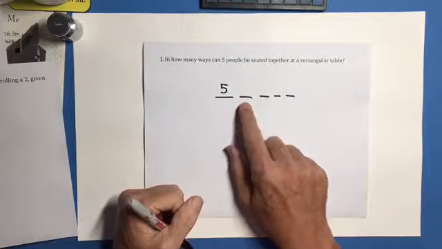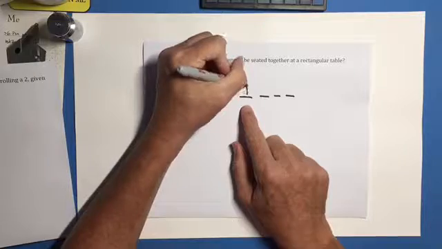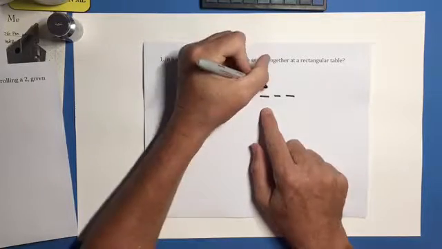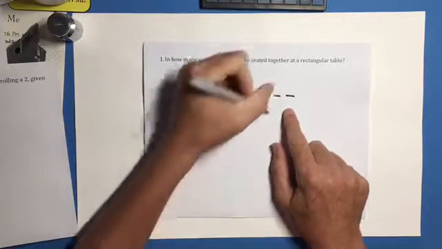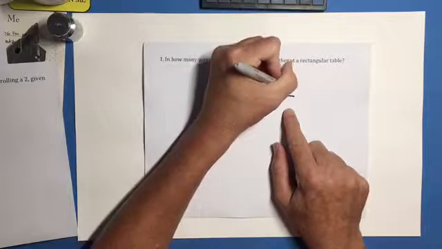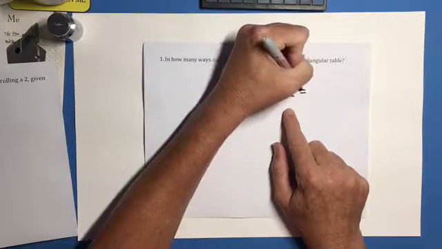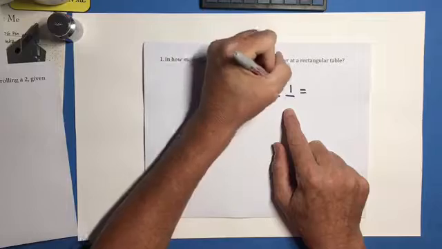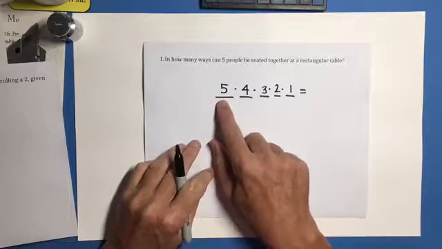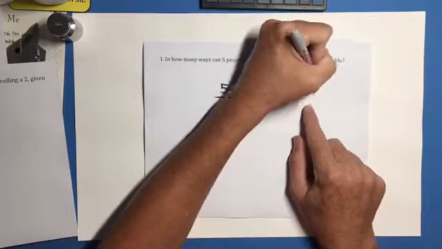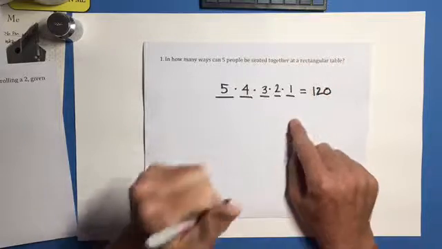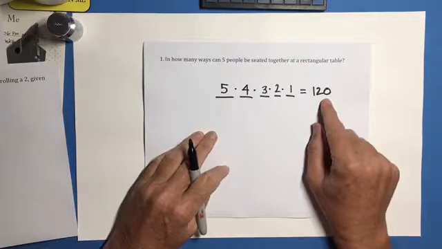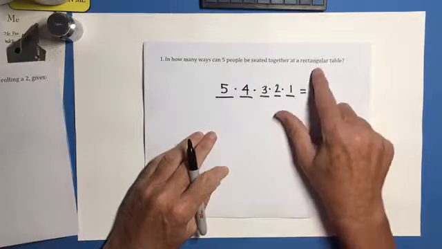Now, after I've already seated that person, I only have 4 people to assign to the next seat, 3 people to assign next seat, 2 people, and 1 person. So I multiply all those together, and the total number of ways is going to be that, which is 120. So there's 120 ways to seat 5 people at a rectangular table.